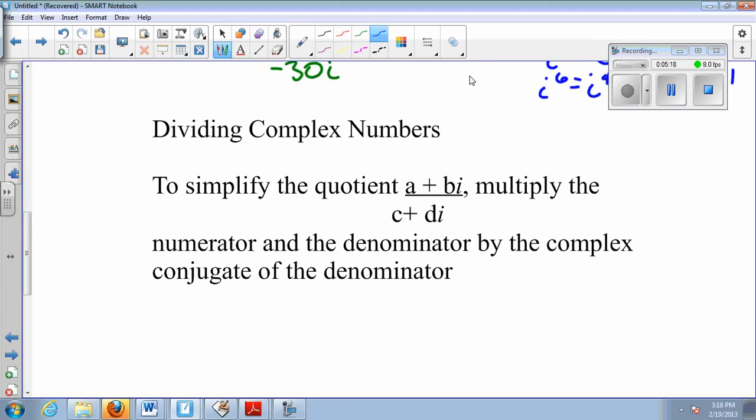Dividing complex numbers. To simplify the quotient a plus bi over c plus di, multiply the numerator and the denominator by the complex conjugate of the denominator. In general, when you have a plus bi over c plus di, the conjugate of the denominator is where you change the middle sign, c minus di.